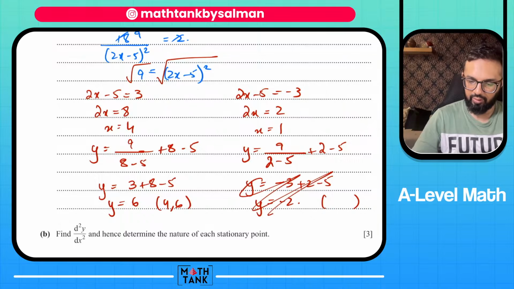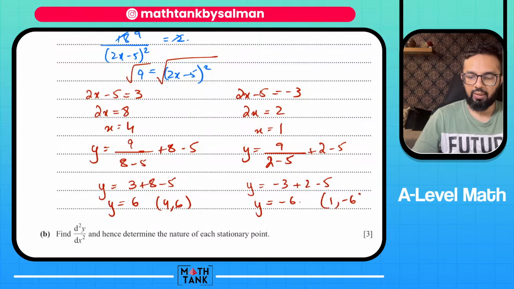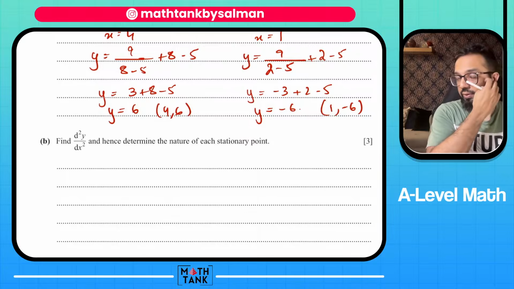There are some calculation errors here, I think. Yeah, 1 comma minus 6. Determine the nature of each of these stationary points.